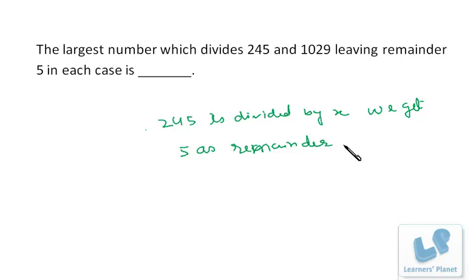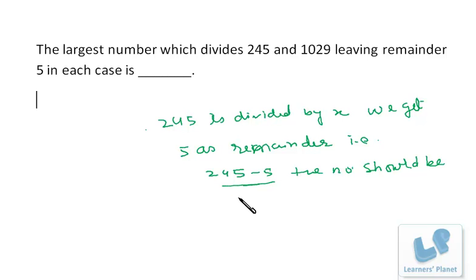That means, if we deduct 5 from 245, the number should be divisible by x. If 245 is divided by x, we get 5 as a remainder.